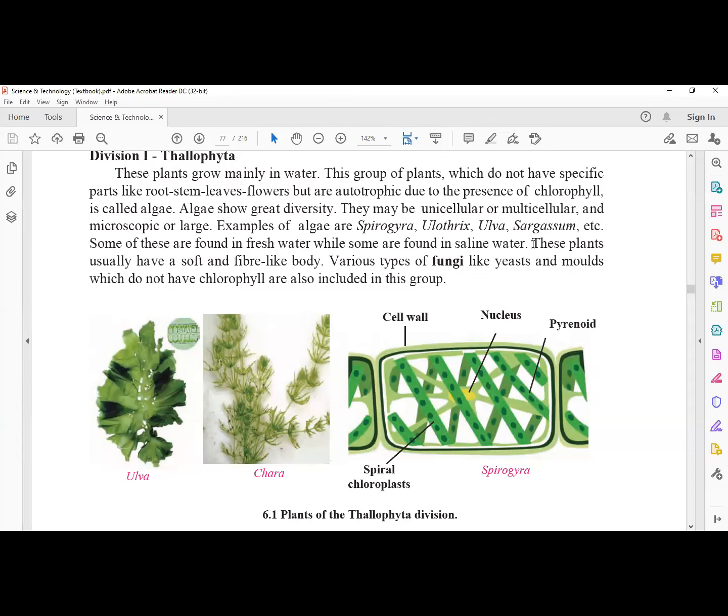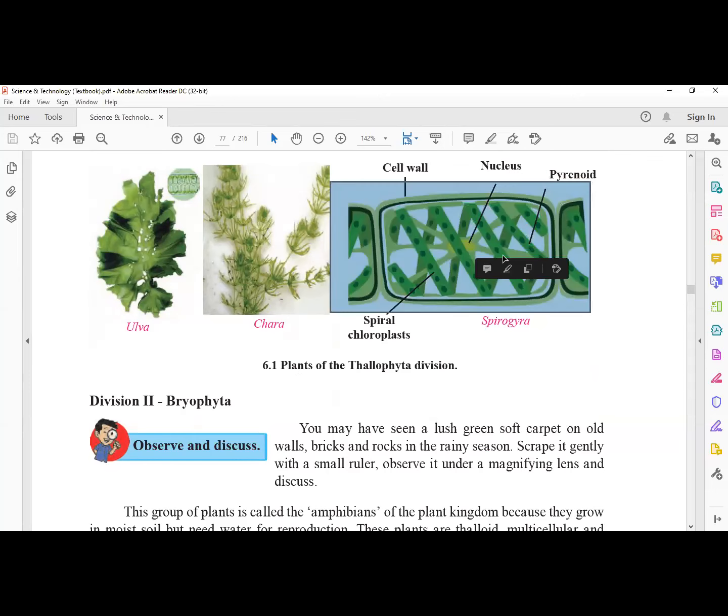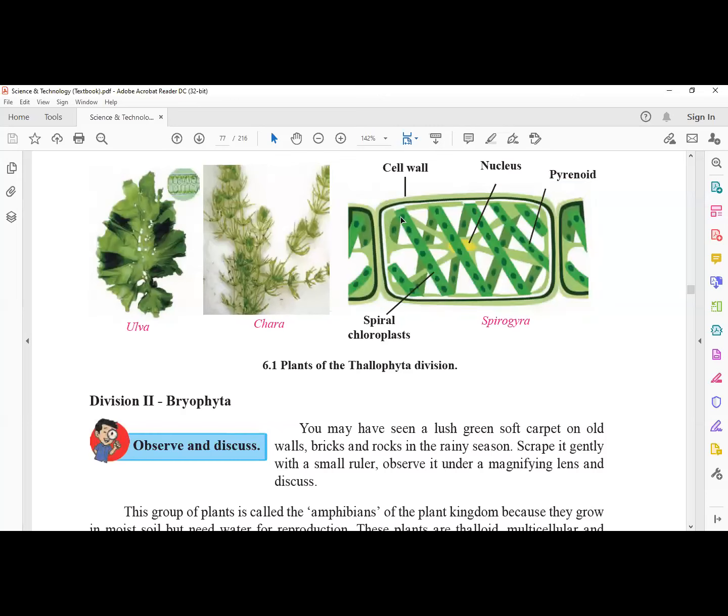So we'll write some examples and we'll finish with the first division, that is Thallophyta. Now remember, for examination, this structure of Spirogyra is very important. You will be asked to draw the structure of Spirogyra, so you should follow this one and keep practicing.